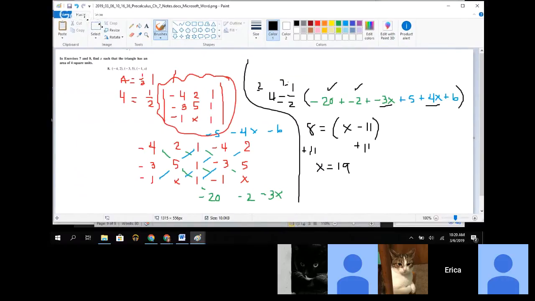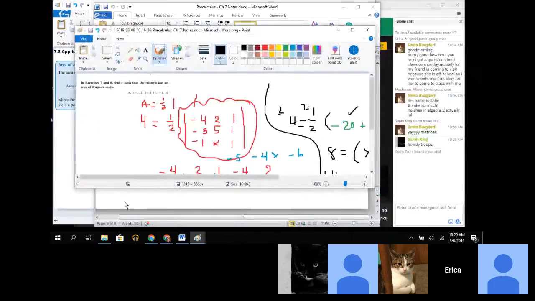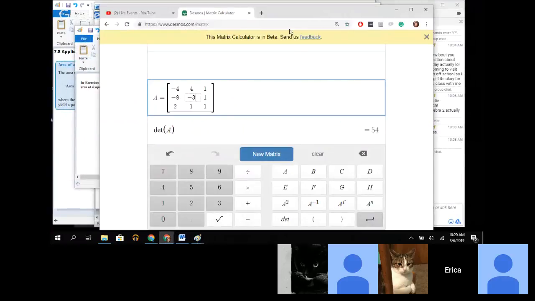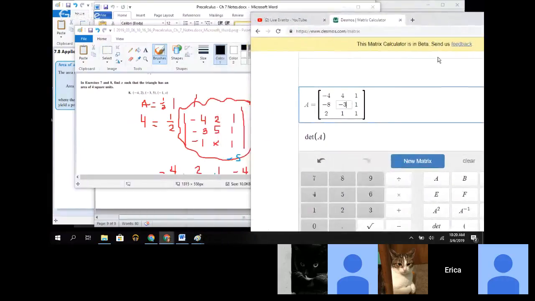How can I double check that I did it right? I could always go into Desmos and put my matrix in. So I have -4, 2, 1, -3, 5, 1, and -1.